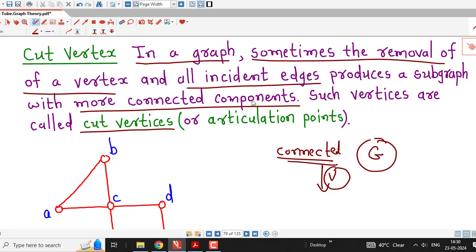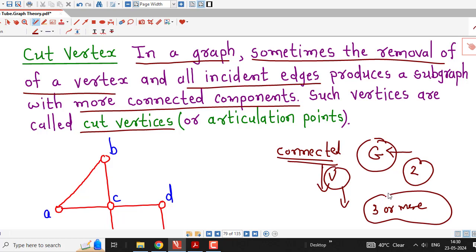And if the given graph is disconnected with, say, two components, and after removal of some vertex we obtain three or more disconnected subgraphs, then in that case we have three or more connected components and vertex V is called a cut vertex.